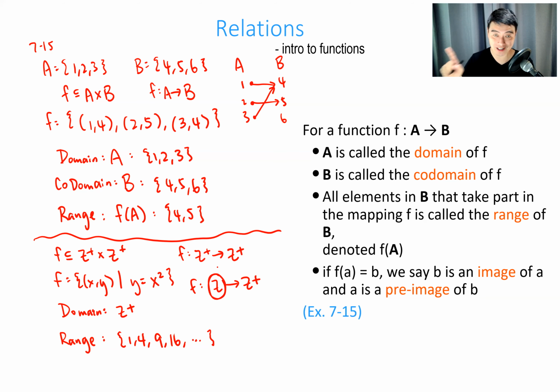I'm going to erase this so that we don't get messed up, but just understand that if we change the codomain or the domain, this might change the property of our function. I hope you can get these definitions down.